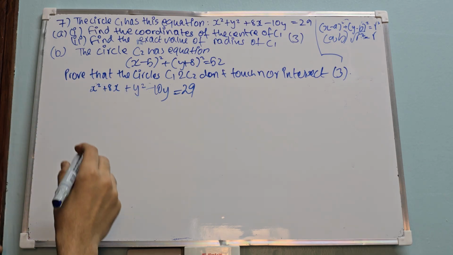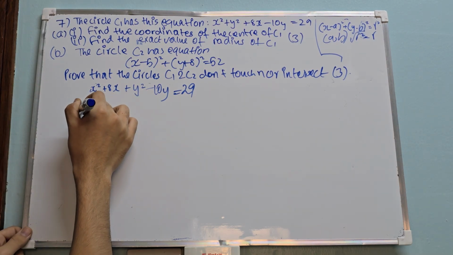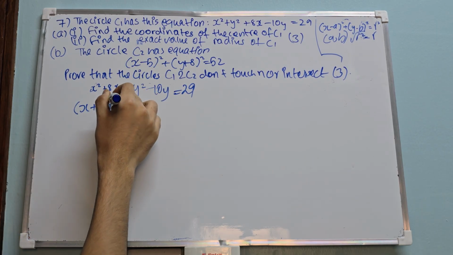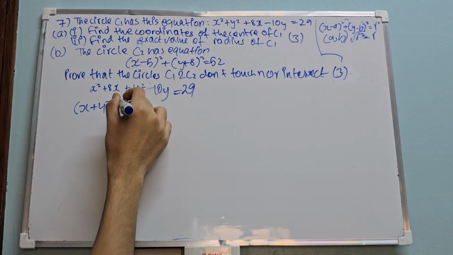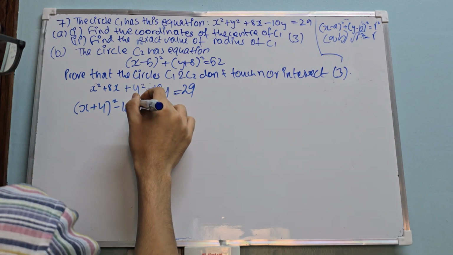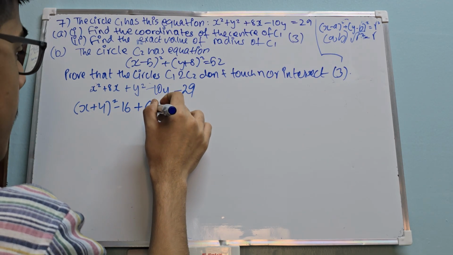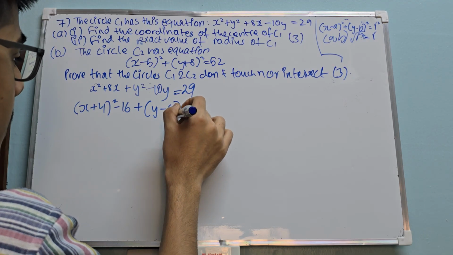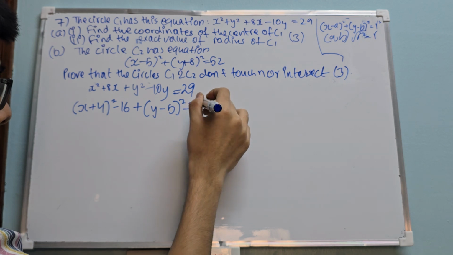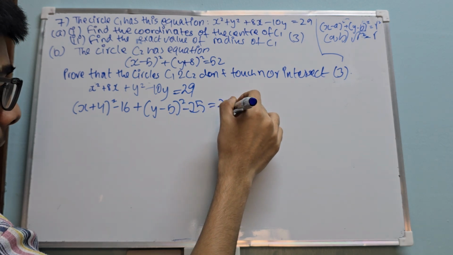Now we apply completing the square. So x plus 4, half the coefficient of x, minus 4 squared, which is going to be 16, plus y minus 5 squared, minus 5 squared is 25, is equal to 29.